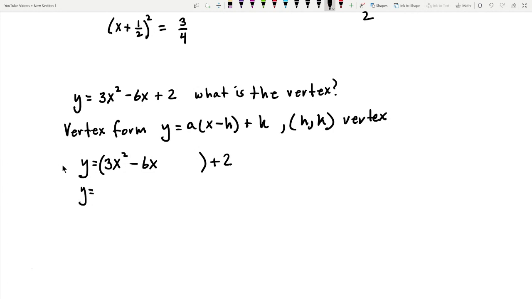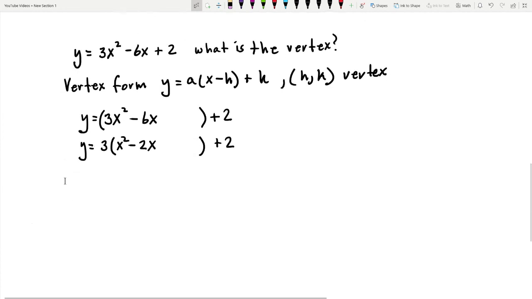So I'm going to have y equals, I'm going to take the 3 in front, and then I have x squared minus, when I divide 6 by 3, I get 2x. Notice I'm only working with the first two terms here. So now I have it in the form that I need to complete the square.